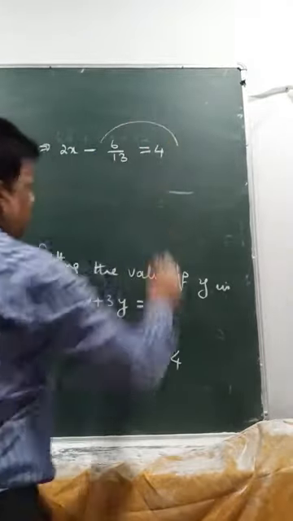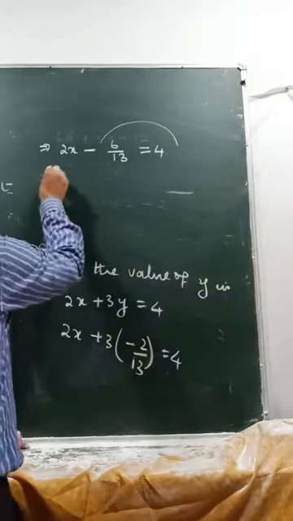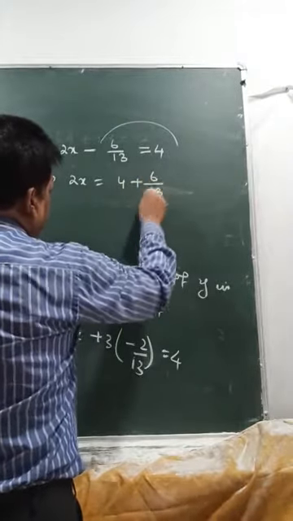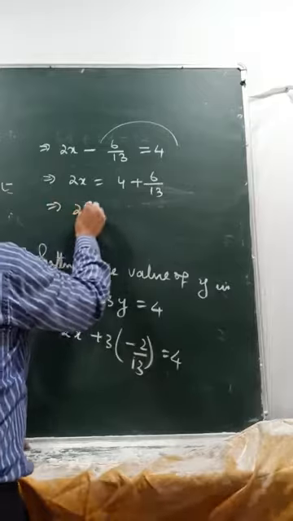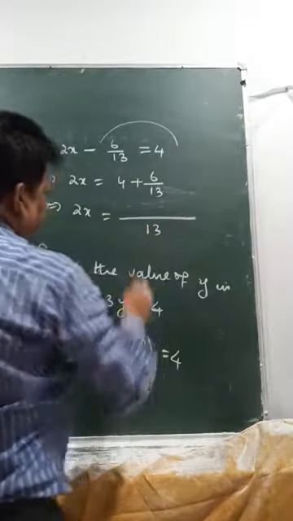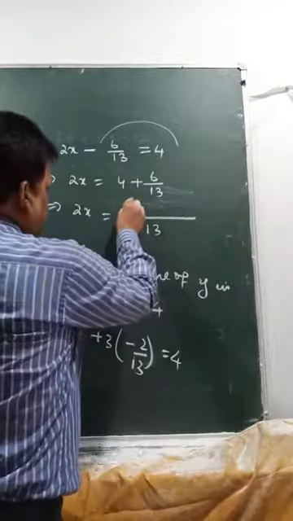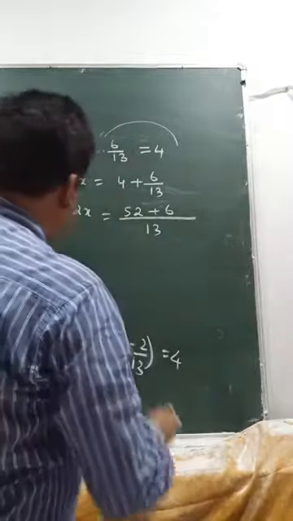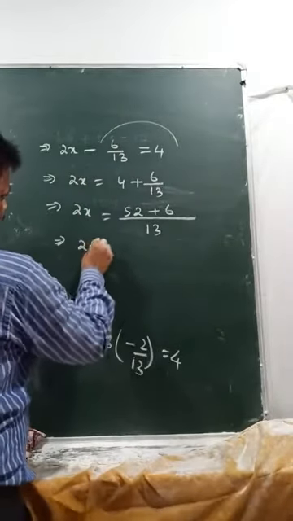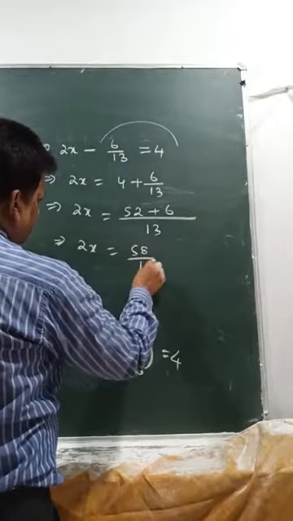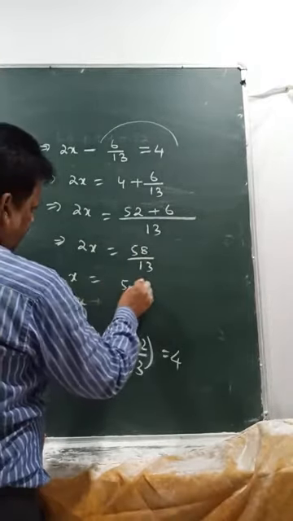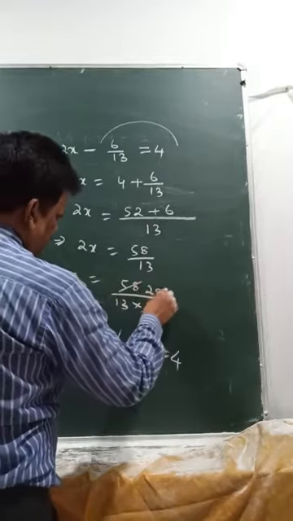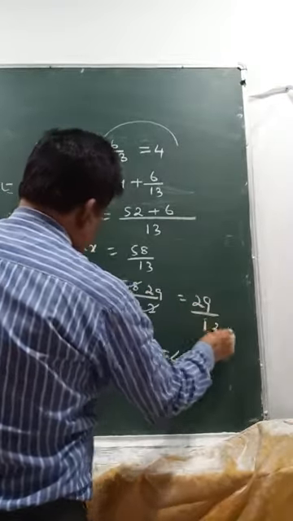Now take this like term to one side: 2x equals 4 plus 6 by 13. Taking the LCM 13, 13 times 4 is 52 plus 6, so 2x equals 58 by 13. x equals 58 by 13 into 1 by 2, this is 29 by 13.